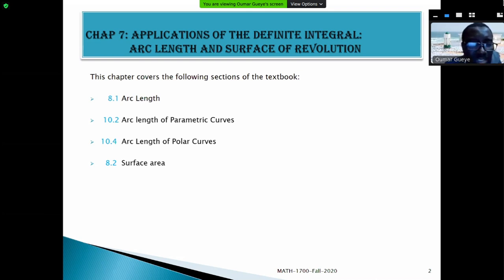In the case of x, y coordinates in section 8.2, and also in the case of parametric curves in section 10.2. And as I mentioned, we'll cover these 3 sections today, 8.1, 10.2, 10.4, and tomorrow we'll cover 8.2 and 10.2.